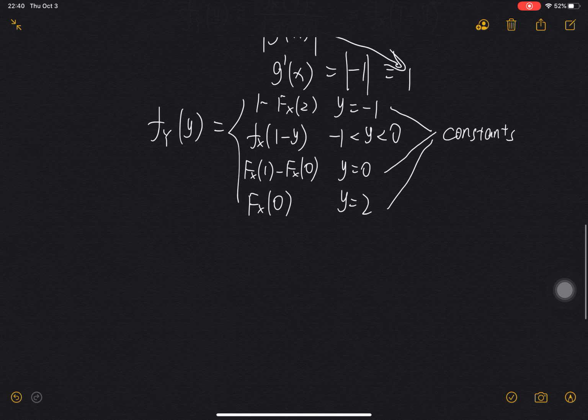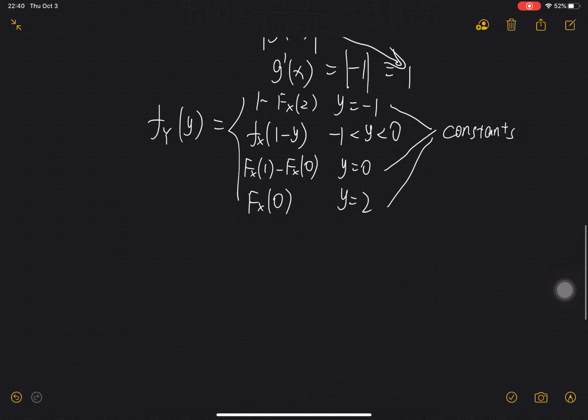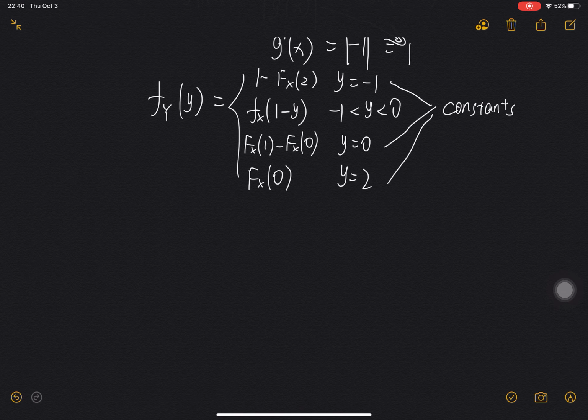So it makes it easier for us to get the probability density function. So when y is larger than minus 1 and smaller than 0, the density function of y should be like this.